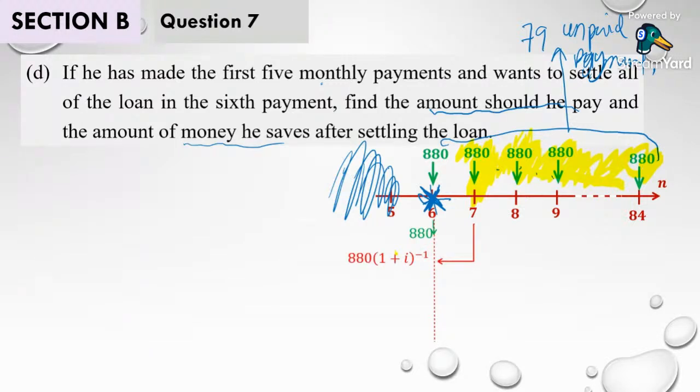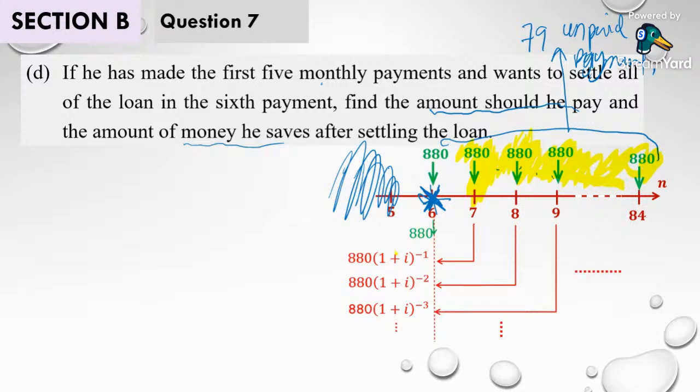So we take the 880 back to the past, something like what we did in the loan just now. Power minus 1 because it goes through one compounding period. The next one, power minus 2, power minus 3, and then continue all the way until 84, which by right is power of minus 78.